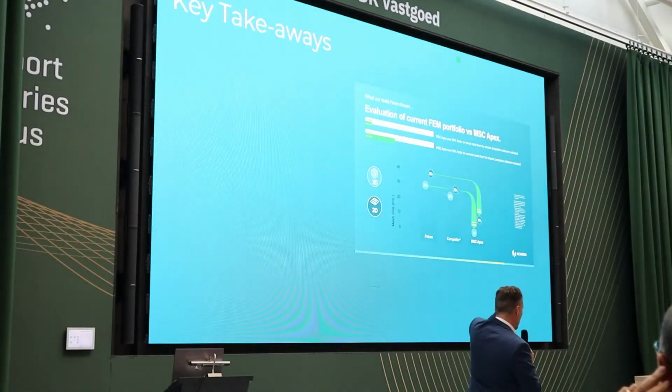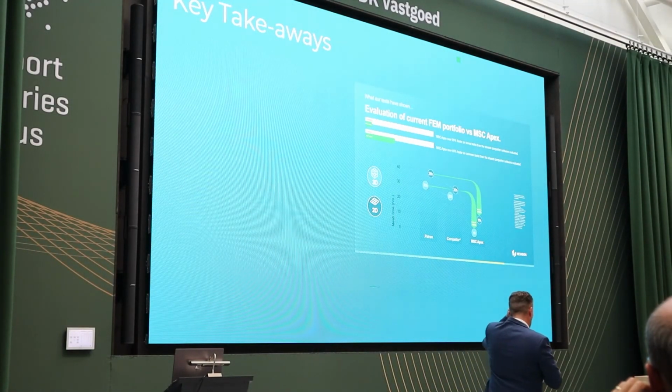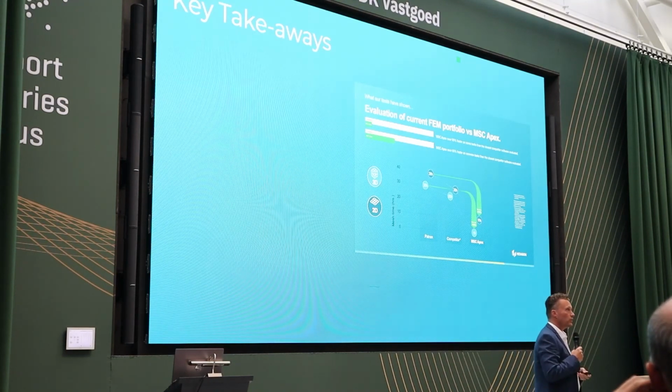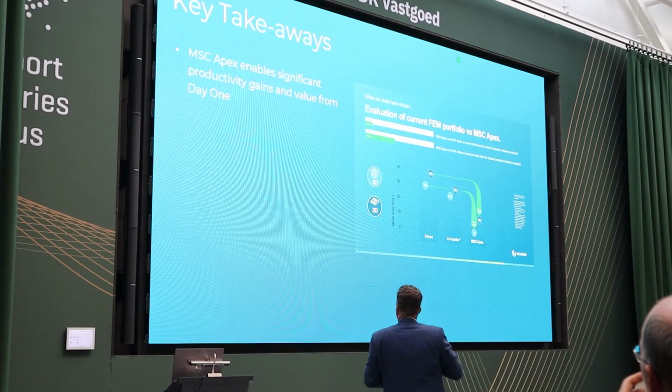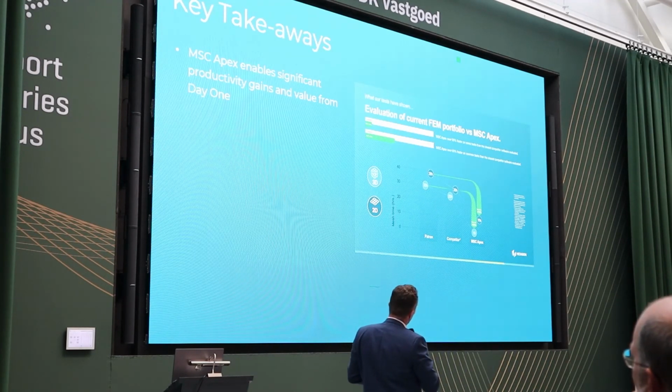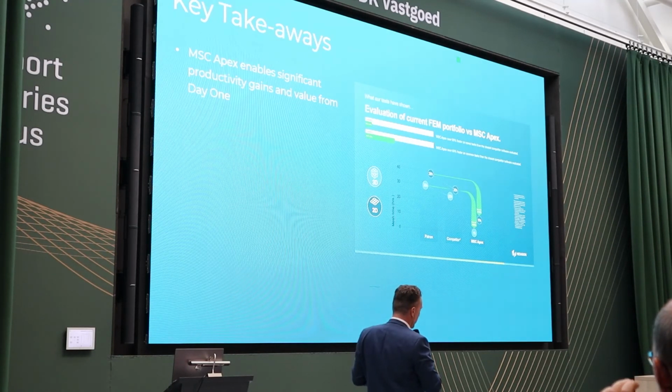So the key takeaways of Apex: there's more, and I'm very open after this session to show you some extra stuff of Apex. Key takeaway is that it's a very efficient geometry tool. It will give you productivity gains that I couldn't even imagine.